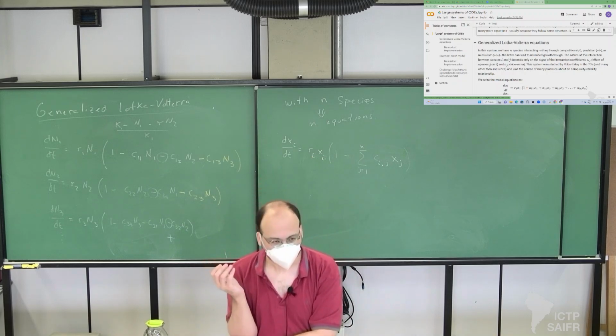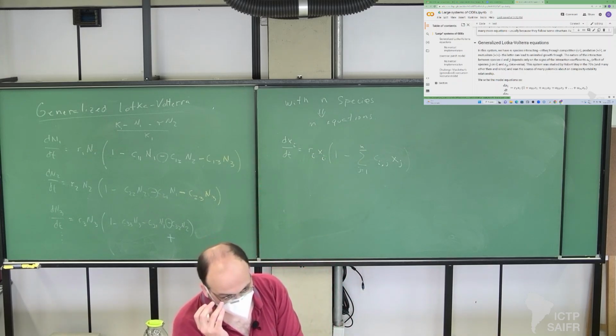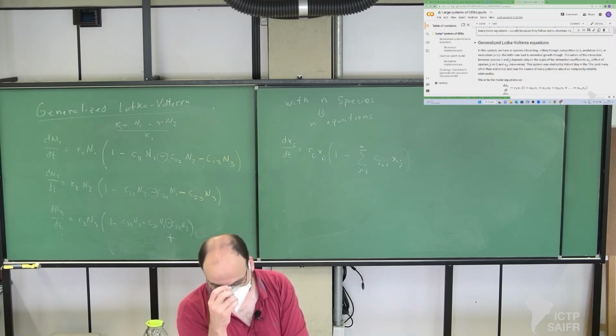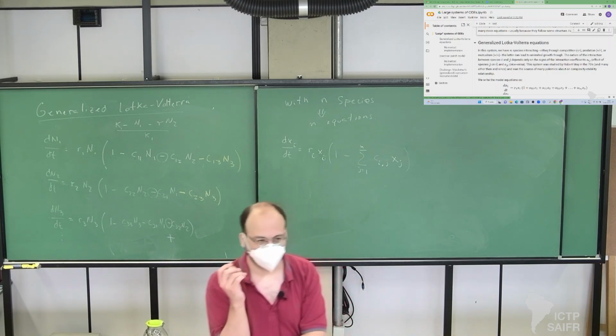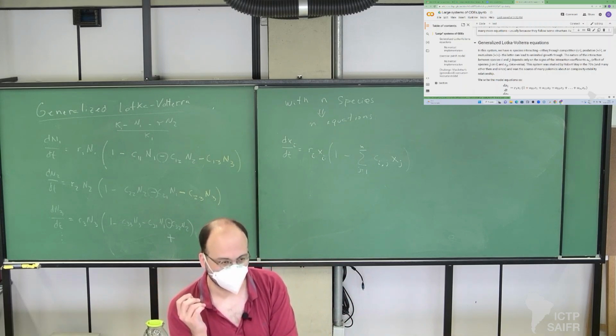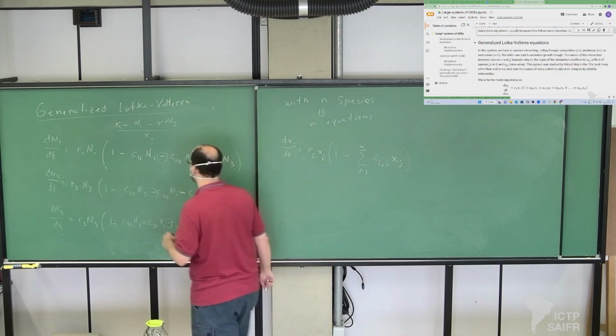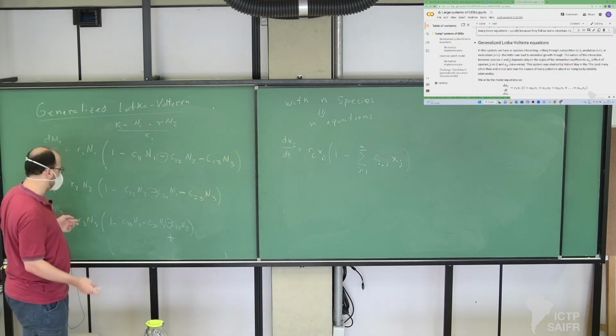Because you're summating the effect of different species, like a lot of populations. But if inside this summation one is negative and the other one's positive, we don't have a problem with that. There's no problem. Let's look at this one here, for instance.